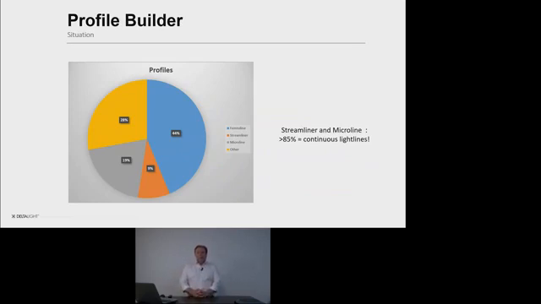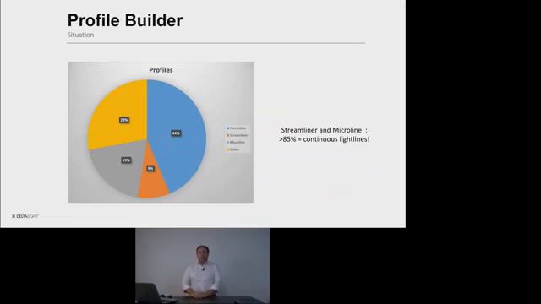So to develop the profile builder, we decided to start with Streamliner and Microline, because especially for the continuous light lines, they are based on LED arrays, and that means that every LED array has already the driver on board, so we do not have to take this into account. This is one unit which is that long, and so we can calculate with this.